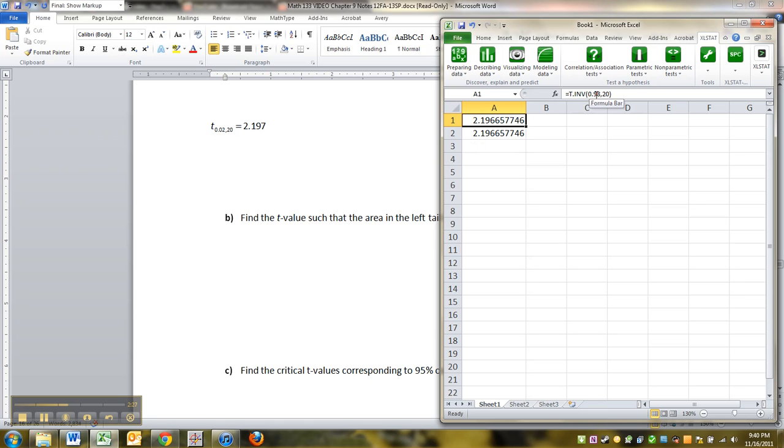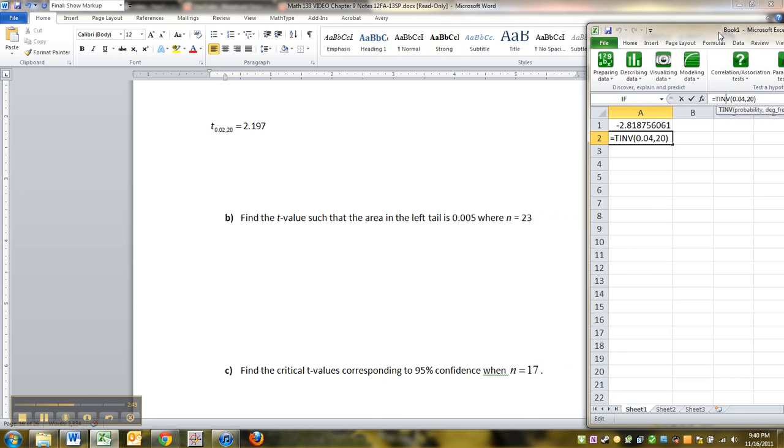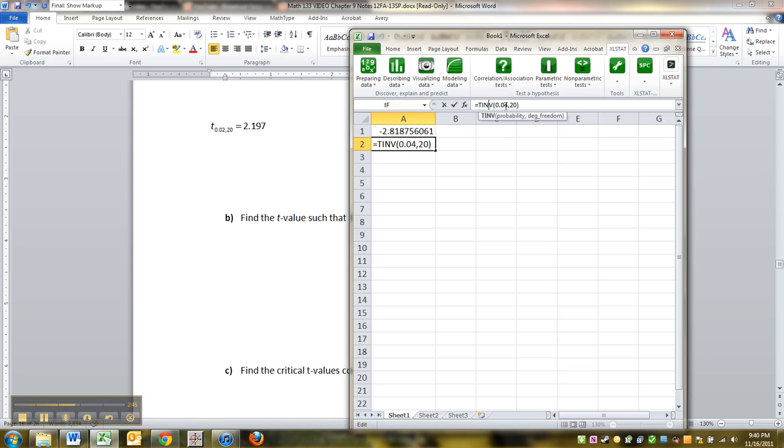So you just go t.005, comma, n was 23, so degrees of freedom is 22. 1 minus that. Now the T inverse one is going to be a little strange because you have to double it because it says it's got to be both tails. And double 0.005, matter of fact, you can just type it, 2 times 0.005.